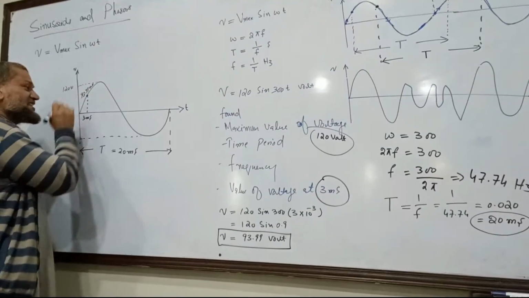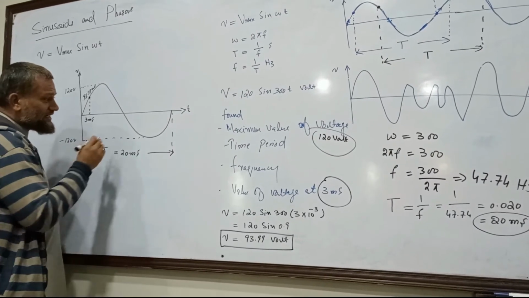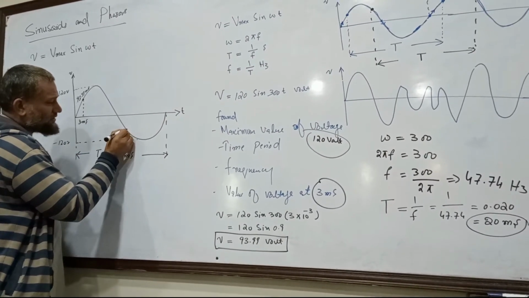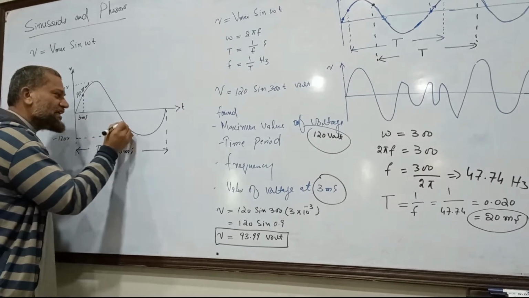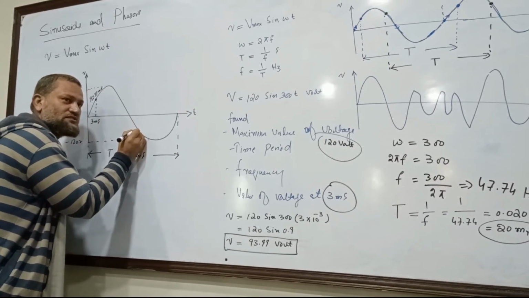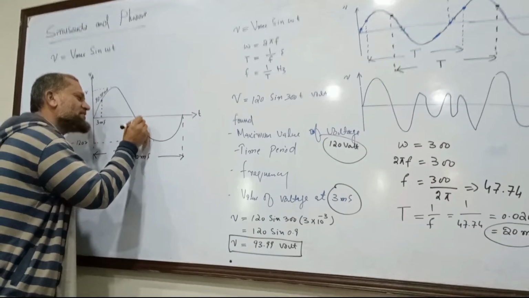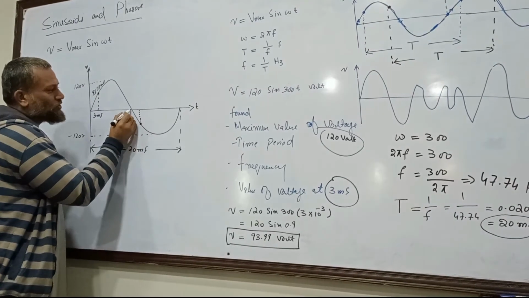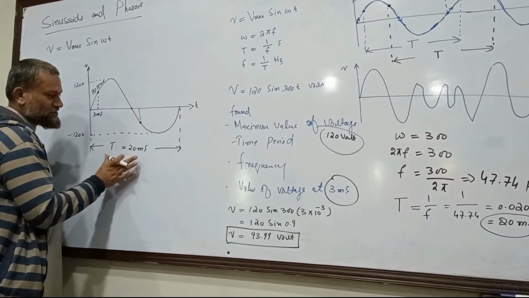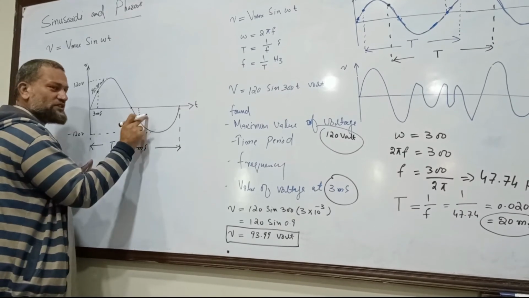That is the instantaneous value. For example, if I say calculate the value for this instant, that is maybe more than 10, if the total is 20.